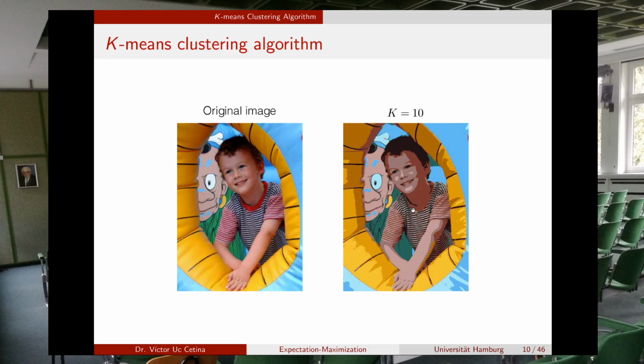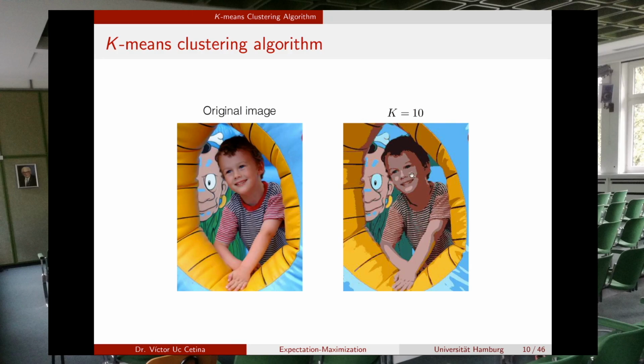So one application of this is that you can simply detect how many colors are needed to represent the original image for a specific application, and then if you can reduce the number of colors that are enough to represent your image, you can reduce the amount of information needed to represent that image.